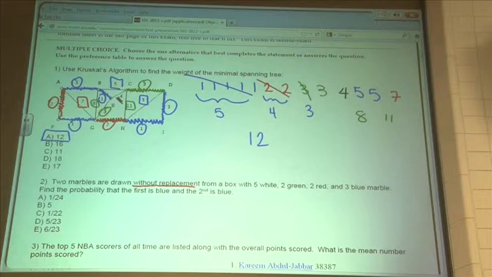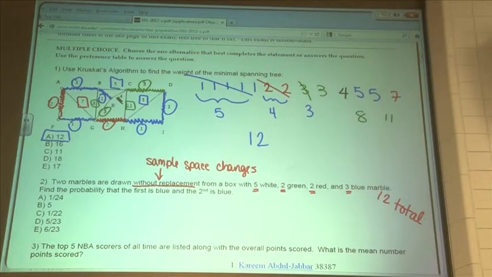It changes. Okay, if we do this without replacement, your sample space changes. Okay, so first draw. What's the probability of drawing a blue marble? Well, total we've got, let's see, 5, 2, 2, and 3, so we've got 12 total.